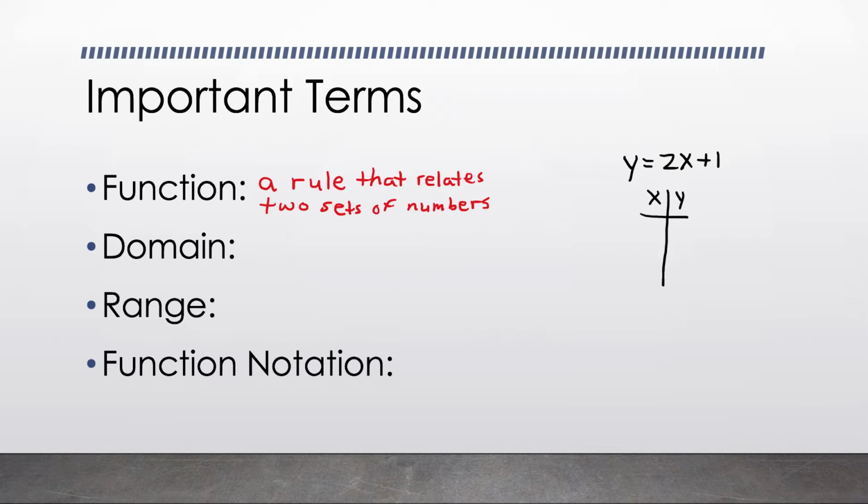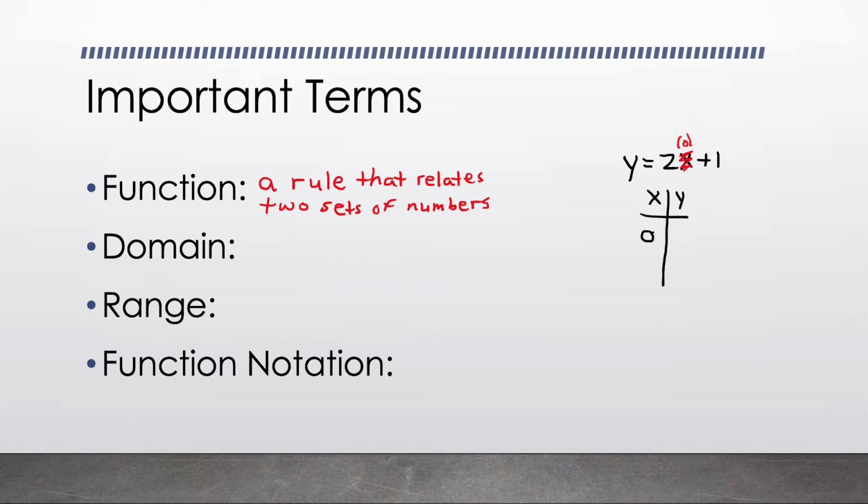As you may recall, you were allowed to select any x values that you wanted, and then you would plug those x values into the equation to solve for y. So suppose I choose 0 for my x value. Then what I would need to do is come to my equation, and in place of this x, I would need to place a 0.